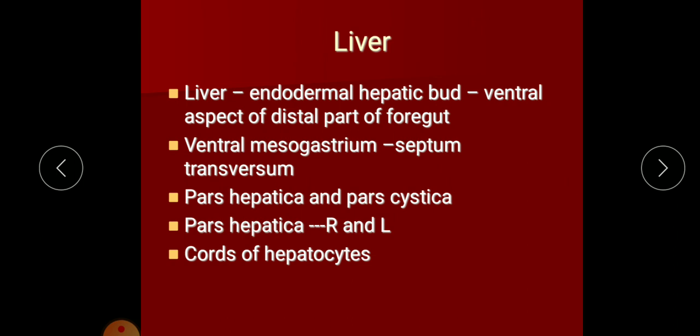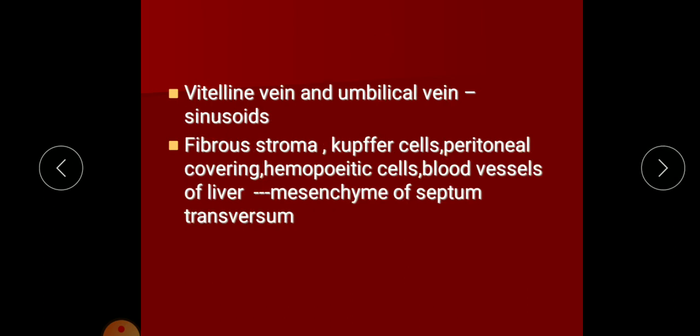It divides into pars hepatica and pars cystica. The pars hepatica later forms the right and left lobes of the liver. Cords of hepatocytes are formed from there, and not only the cords of hepatocytes but also the biliary canaliculi. All these are formed from the pars hepatica.